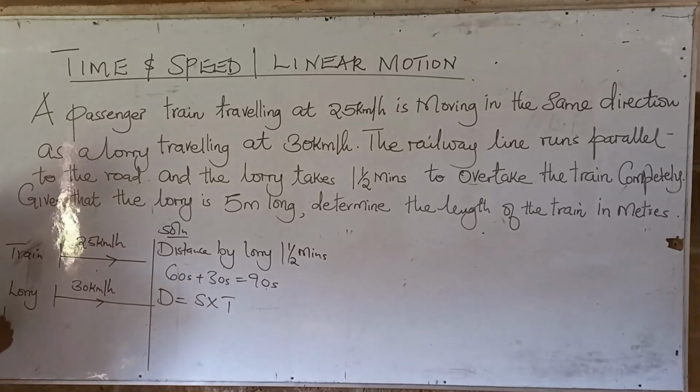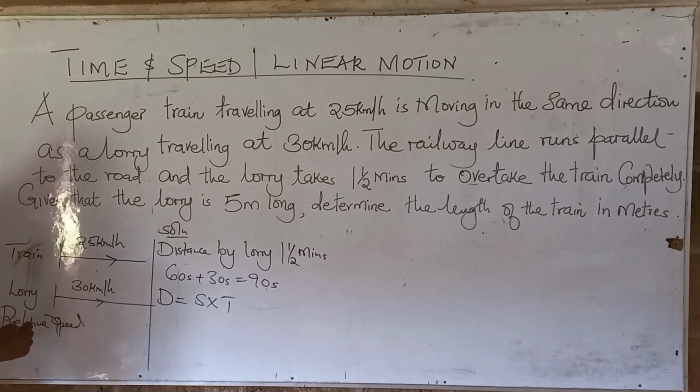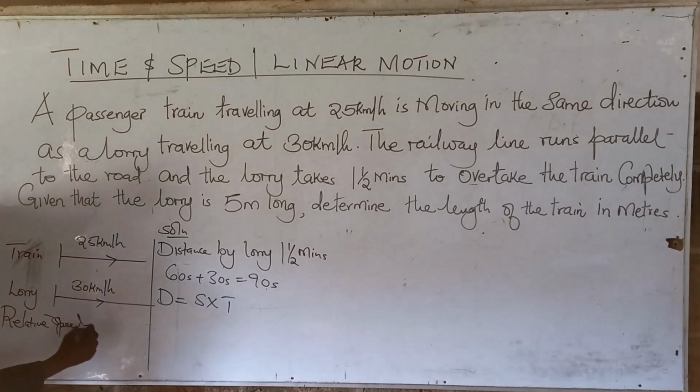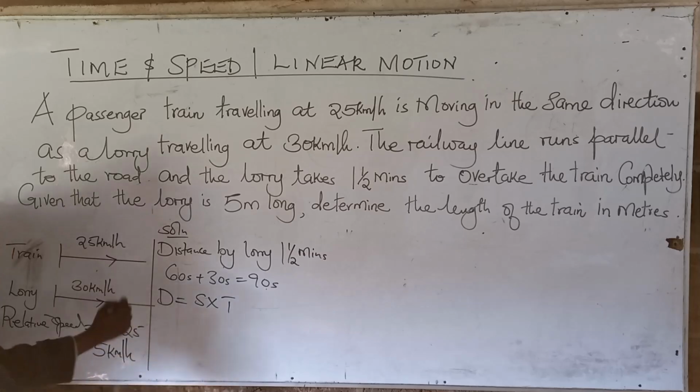So how do we get relative speed? Since they are moving in the same direction, to get RS or relative speed, we shall subtract 30 kilometers per hour, subtract 25 kilometers per hour, and this will give 5 kilometers per hour.